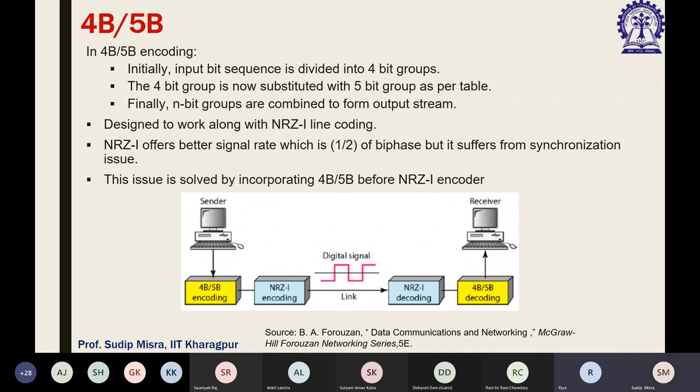So this means that there are 16 groups that are not going to be used for this 4b 5b encoding, right? Some of these unused groups are used for the control sequencing that I was telling you about, and the rest are not going to be used at all.